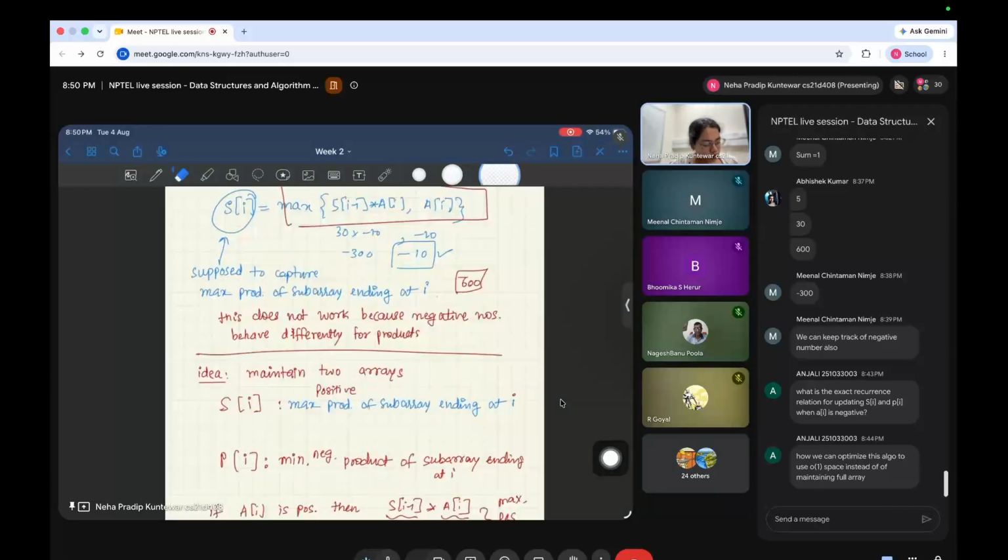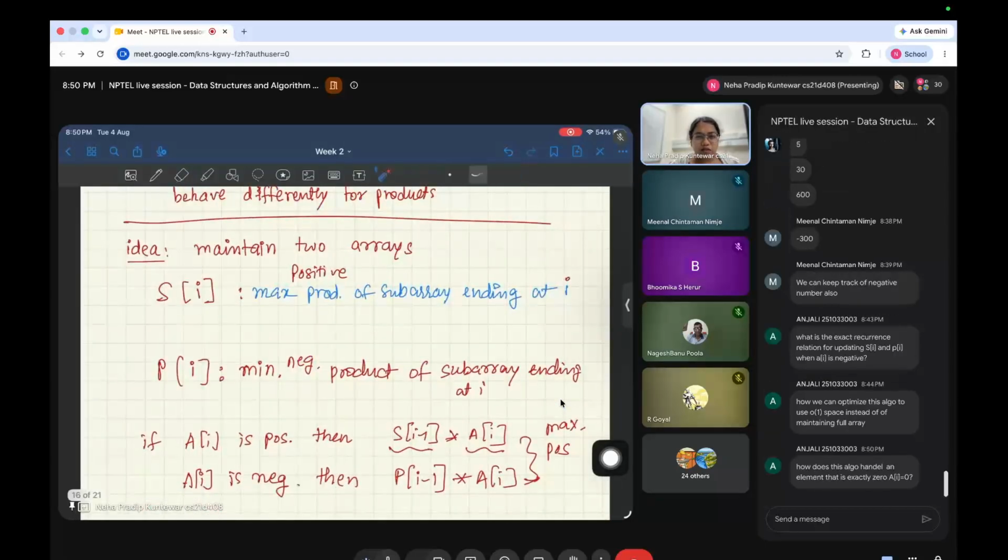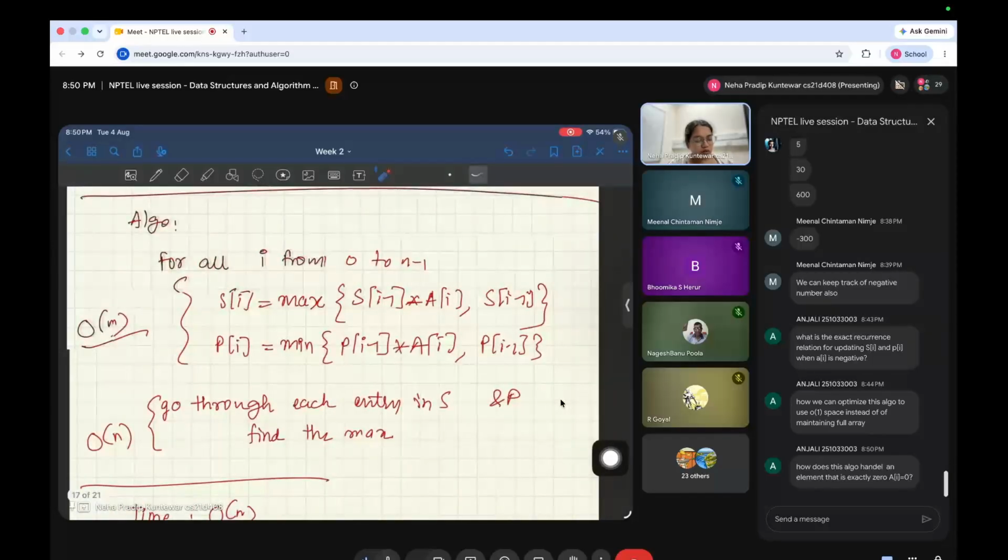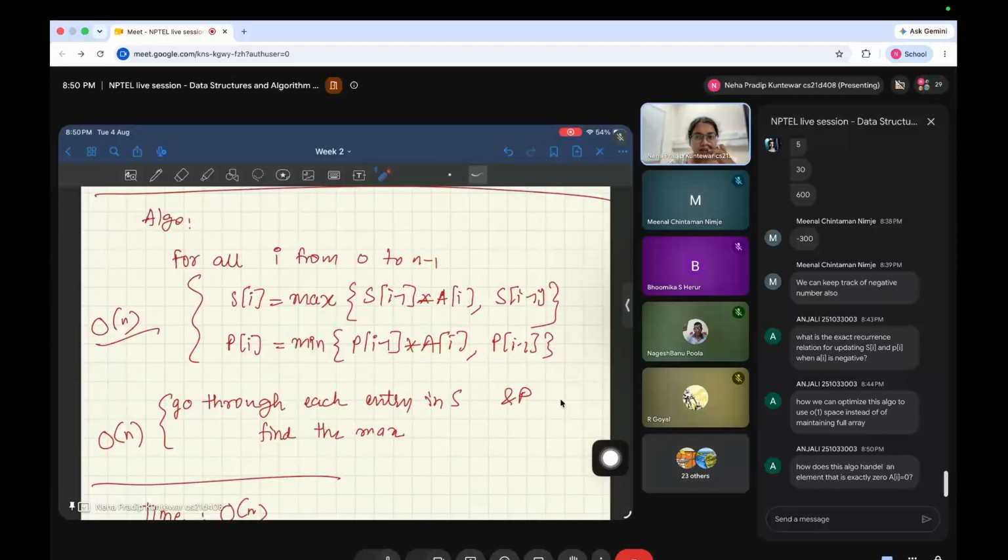The only difference was that we use this extra idea of keeping the minimum negative product as well, and in the algorithm where you were only updating the S of I earlier, you are also updating P of I now.